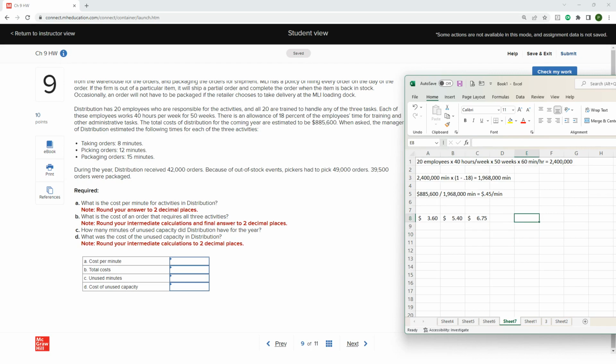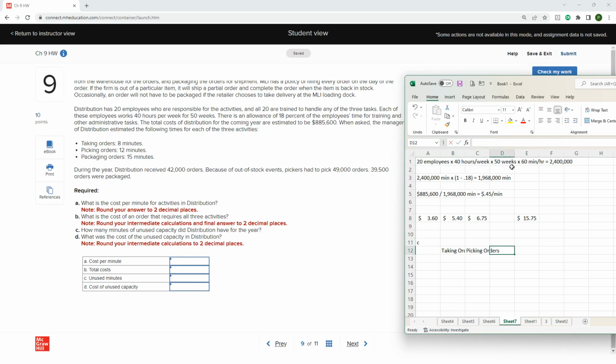For C, it says how many minutes of unused capacity did we have for the year. For this one, it will be good to set up our Excel work paper. We have three activities: taking orders, picking orders, and packaging orders. So it's 8 minutes for taking an order, 12 minutes for picking an order, and 15 minutes for packing an order.